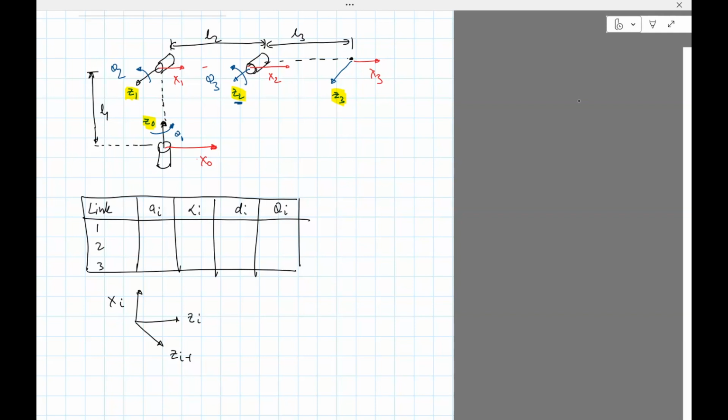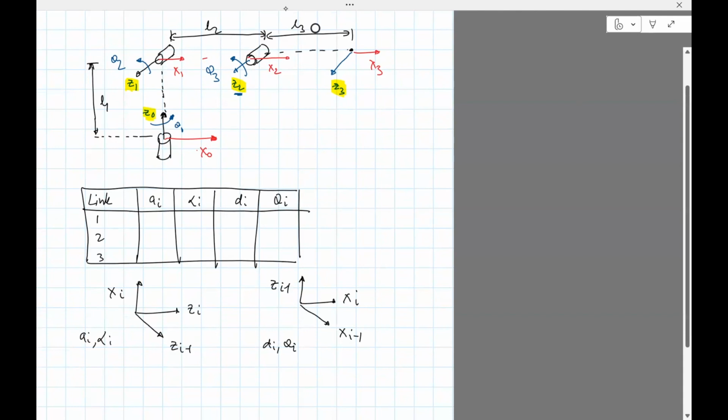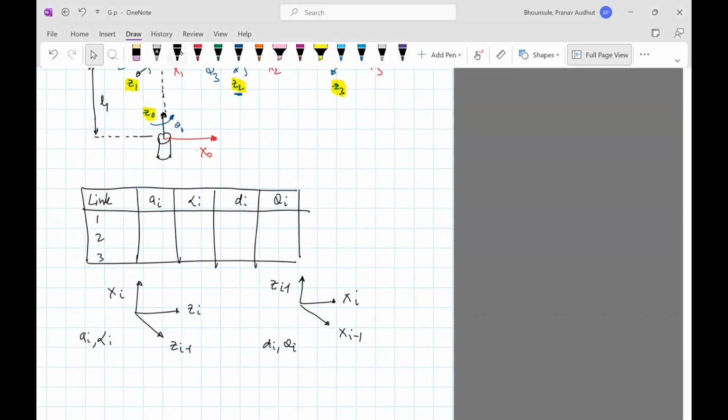This is for A_i, alpha_i, and then we have X_{i-1}, X_i, Z_{i-1}, that would be for D_i, theta_i. Okay, so let's get started.